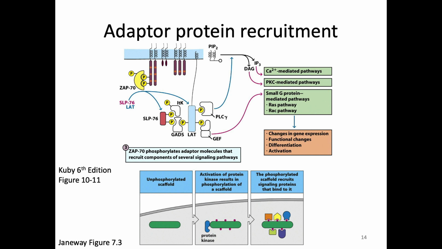So what we're going to be doing in the next few slides is we're going to kind of go from the adapter down a branch until we get to a transcription factor. And then we'll go back up to the adapter and go down another branch. And then we'll go back up to the adapter and go down another branch, okay? So note that we're basically going down the branches here. And I have my branches labeled as I look at them.